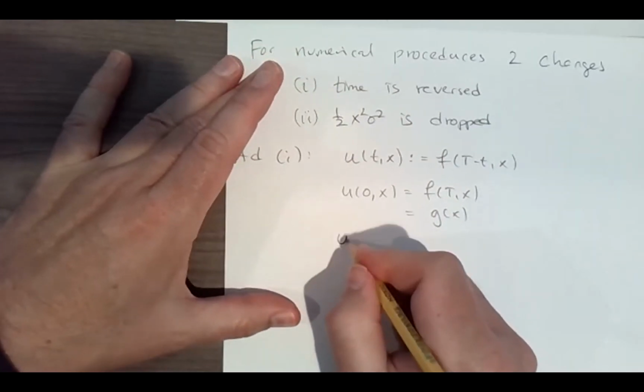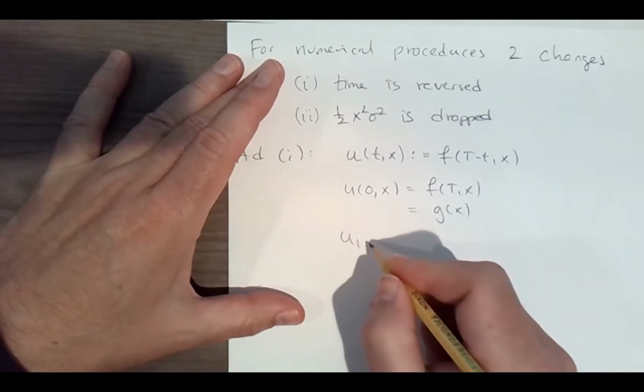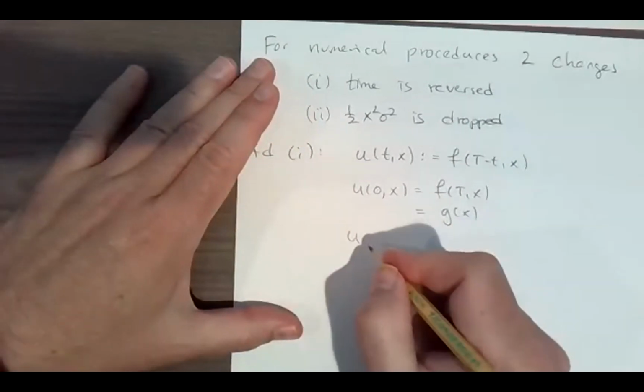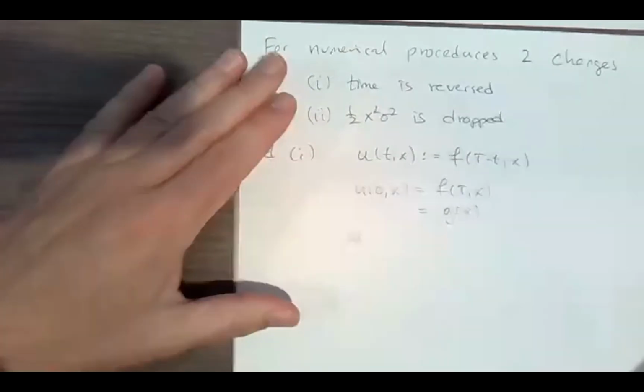And if I look at u1, so this is the derivative with respect to t, write it out like that.